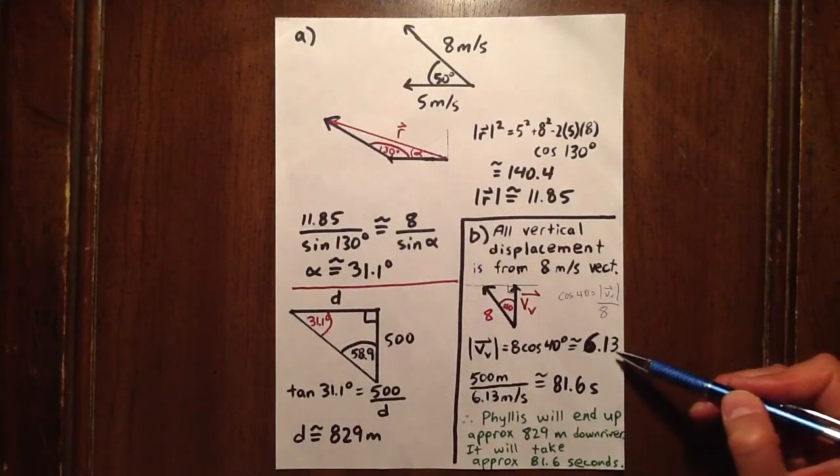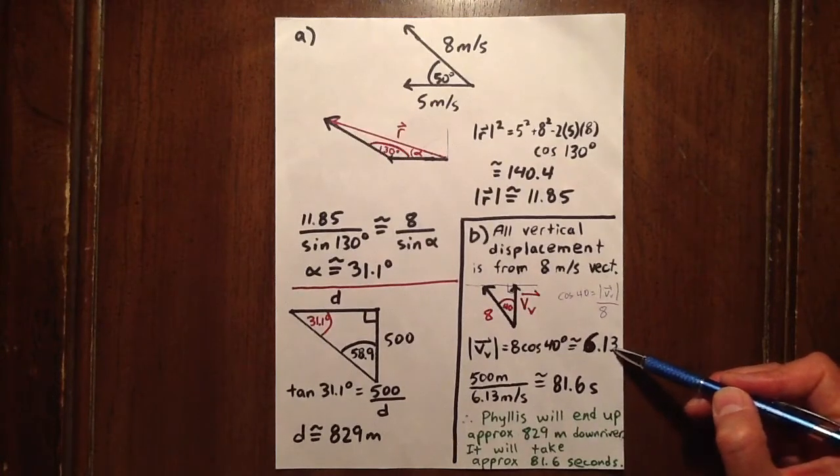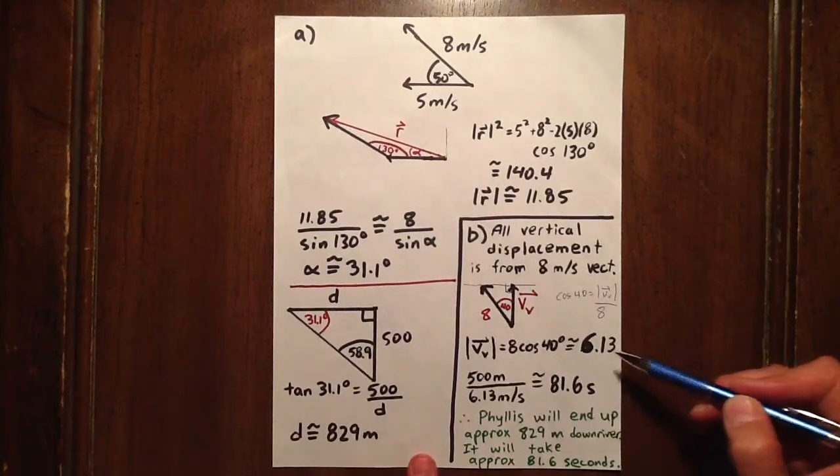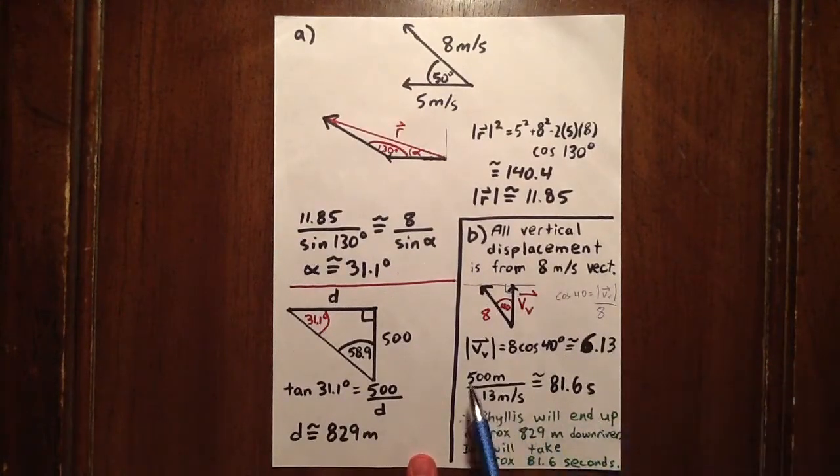Well, at that point, I can ignore all of the horizontal and simply look at the vertical. I know that distance over speed equals time. Always does. Well, that means that distance vertically over speed vertically equals time vertically.